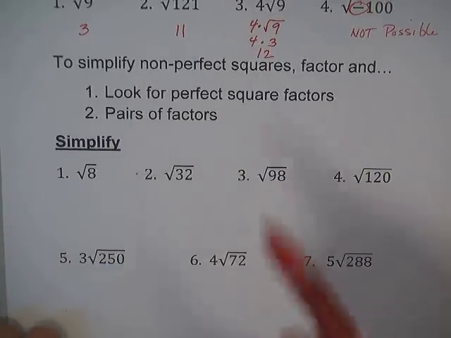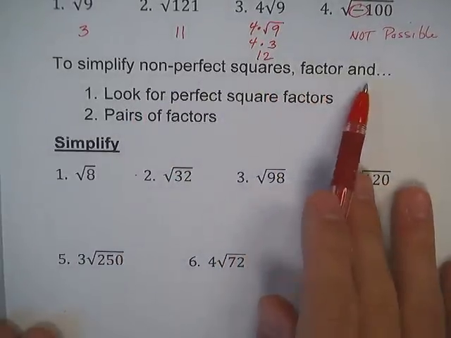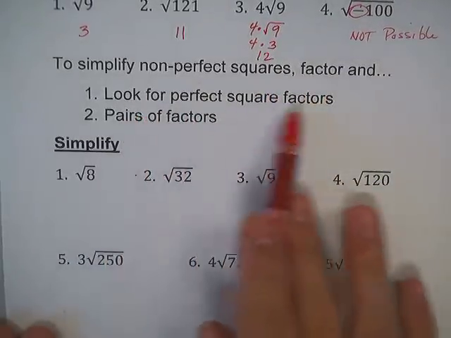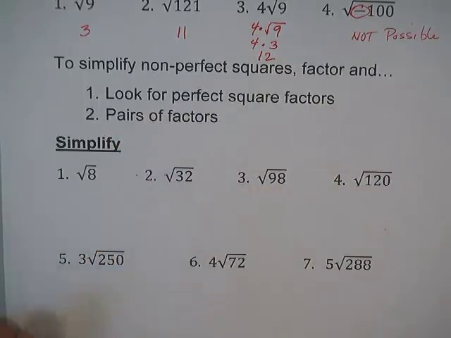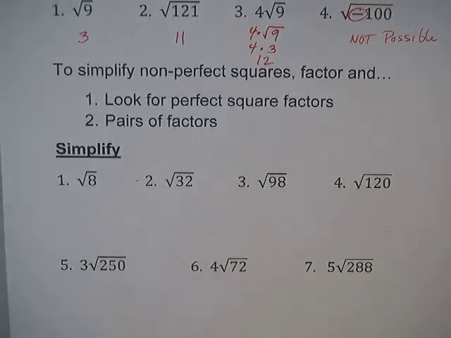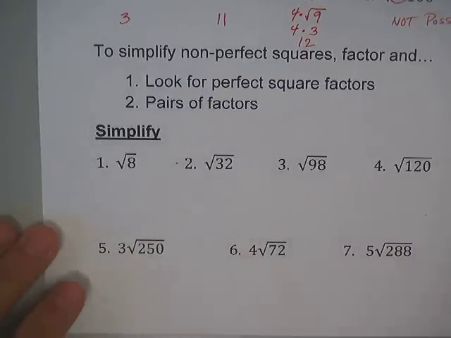So I have two basic rules here that we're going to try and solve all 7 of these problems with. The first one is to simplify non-perfect squares, factor, and we're going to look for perfect square factors, and we are going to look for pairs of factors. That might not make a lot of sense to you right now, but I'll show you how to do it.